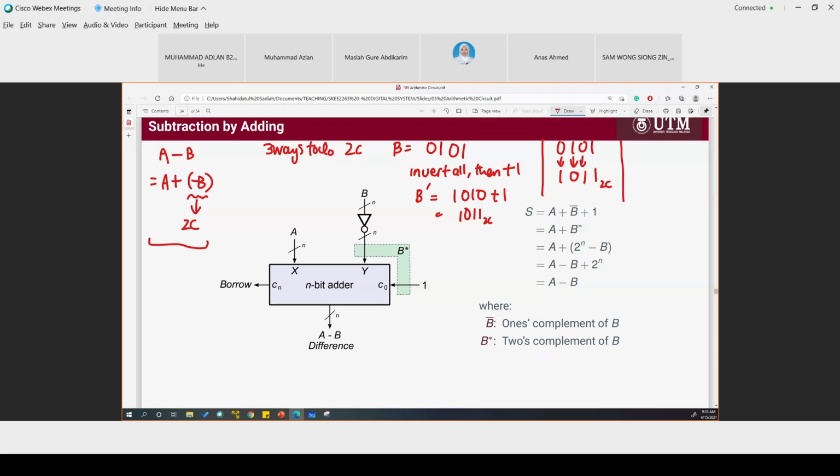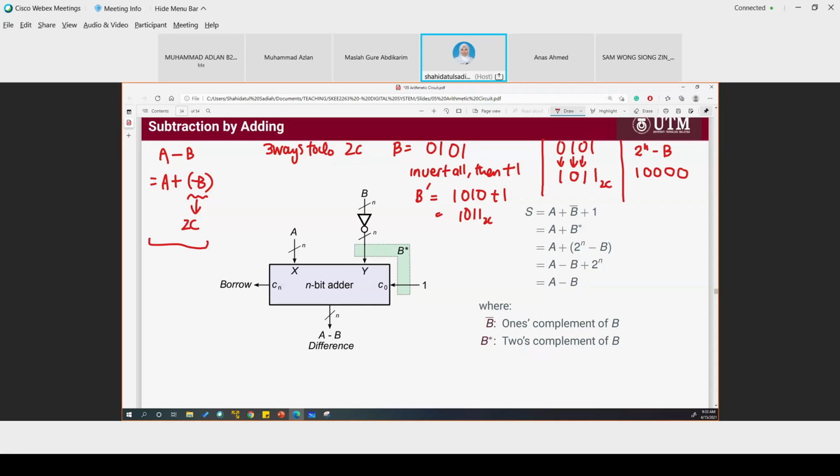And another way is we can use this formula, 2 to the power of n minus B. This B is 4 bits, so 2 to the power of 4 is at the fifth bit: 2 to the power of 0, 1, 2, 3, 4.